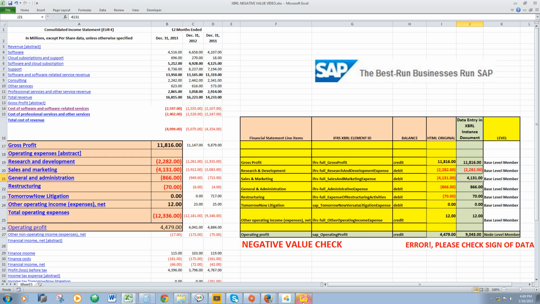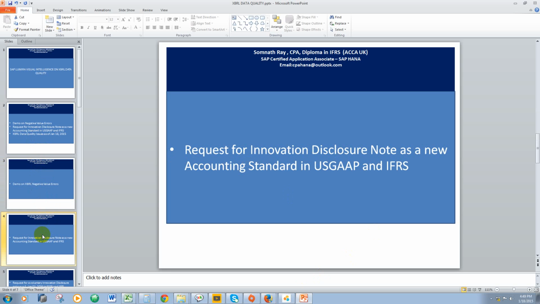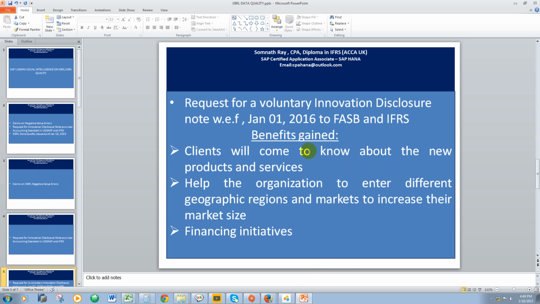So let's move over to the next topic, which is basically a formal request for the innovation disclosure note as a new accounting standard in US GAAP and IFRS. So this is a formal request for the voluntary innovation disclosure note with effect from January 1st 2016 to FASB and IFRS. The benefits gained by the organizations are that their clients or customers will come to know about the various new products and services which are in the pipeline so that they can do business with them.